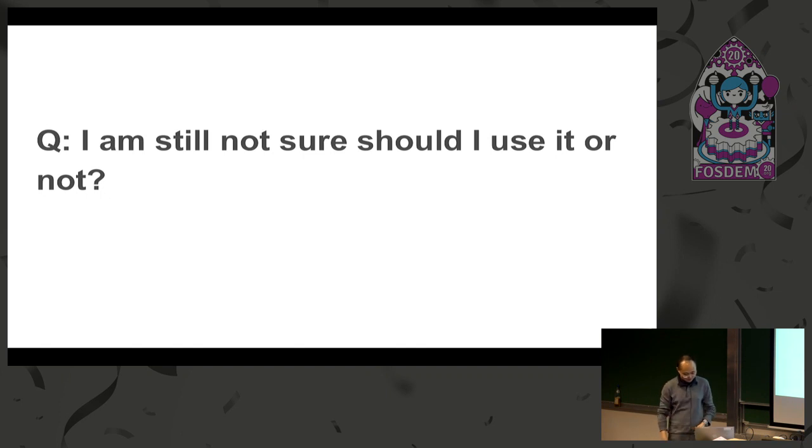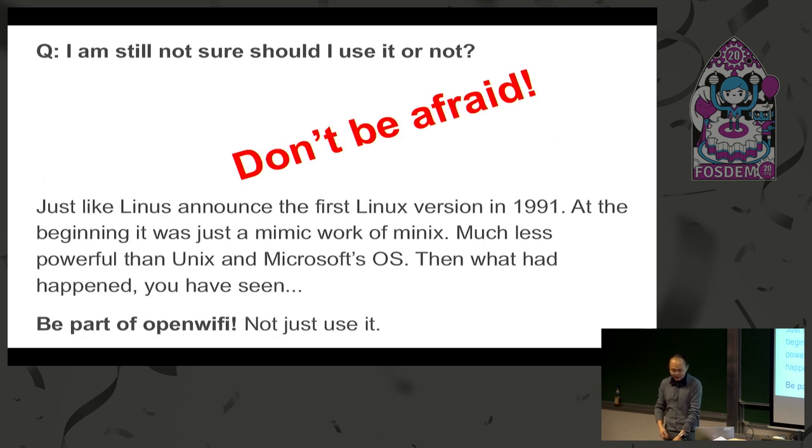Okay, last try to push you. If you are not sure whether you should use it or not, actually, you are not obliged to use it. I just try to do some advertisement, although it's forbidden here. Yeah, I know. So, just like the first version of Linux, right? At the beginning, I don't think the Linux target was to beat IBM Unix, beat HP Unix, right?